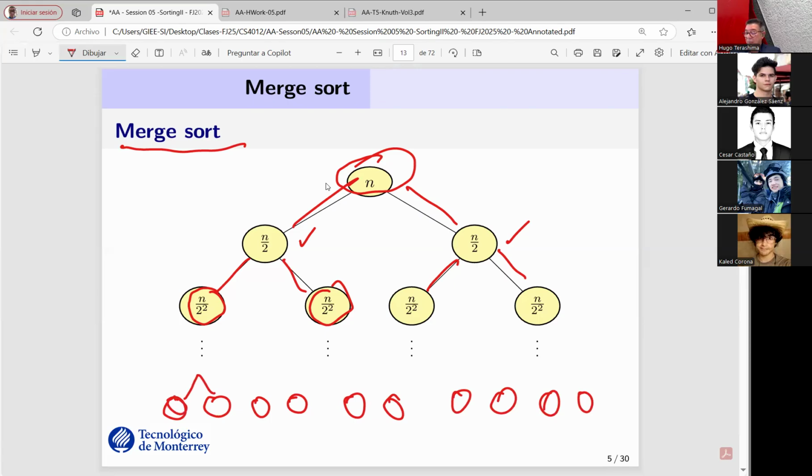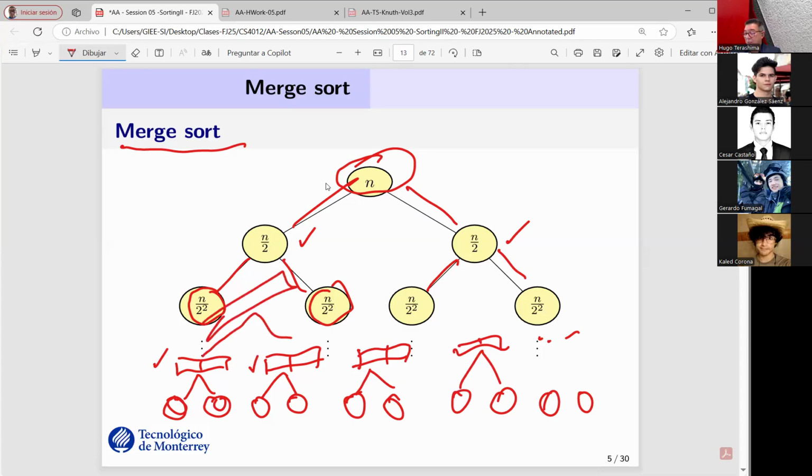You assume this, and you are going to have sublists of 2 elements sorted. And then, and so on, when you have 2 sorted lists of 2 elements each, you're going to use merge, and you are going to have a 4-element list sorted.